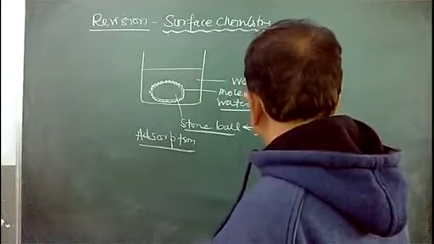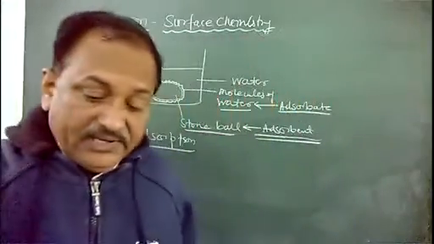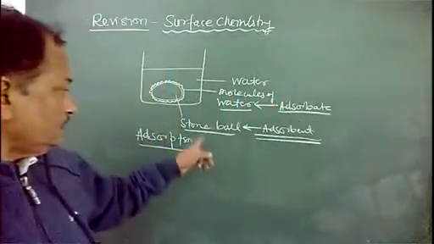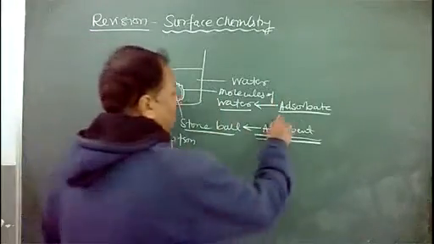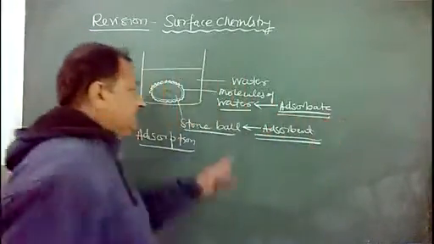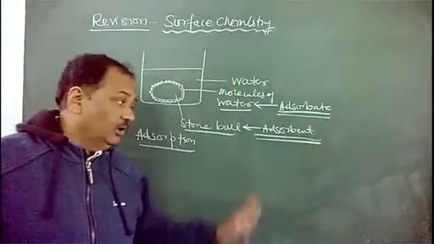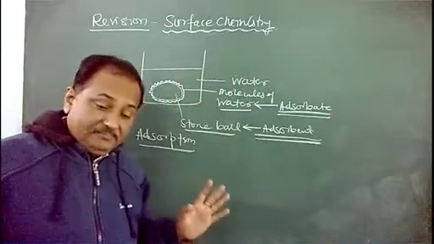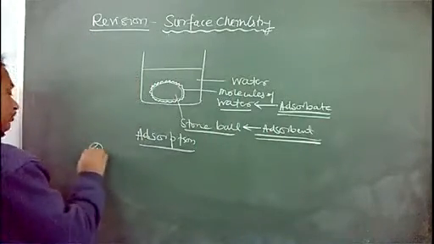Children, this is a very important point. The stone is the adsorbent, and water is the adsorbate because water is present on the surface of the stone ball. This is the simple phenomenon. Now children, I am going to explain 4 points.